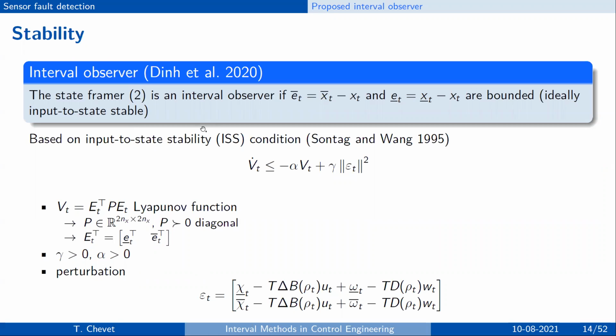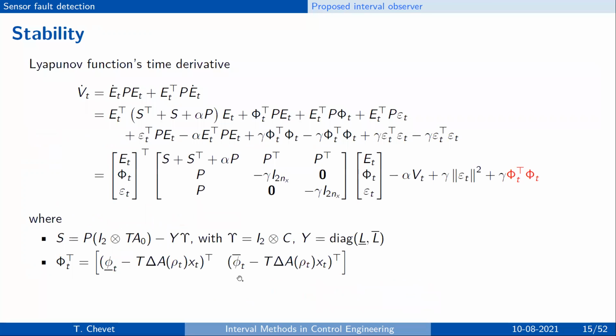And we will base our reasoning on input-to-state stability, with a condition presented here, where V is a quadratic Lyapunov function of the estimation errors gathered in vector capital E. Alpha and gamma are positive parameters to be selected or tuned, and epsilon here contains a part of the uncertainties on the system.